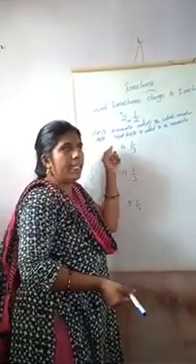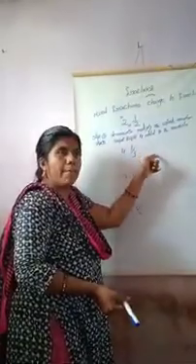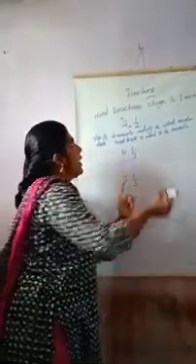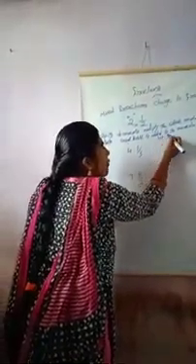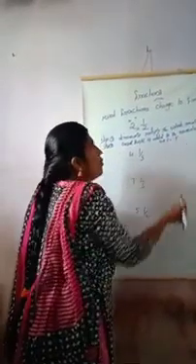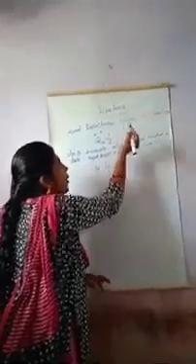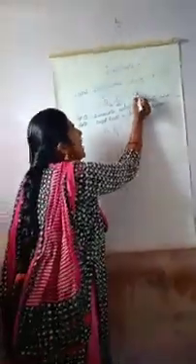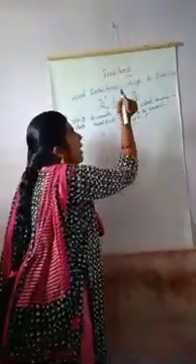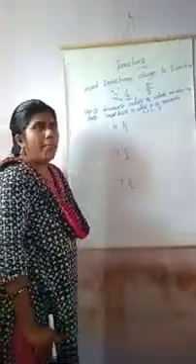Second step, take the result and add it to the numerator. So 4 plus 1 equals 5. This 5 becomes the numerator, and the denominator is not changed.